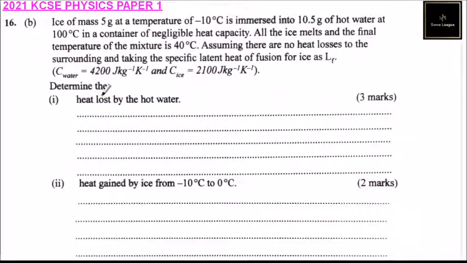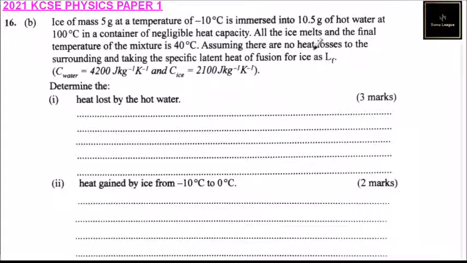Question number 16b. Ice of mass 5 grams at a temperature of minus 10 degrees centigrade is immersed into 10.5 grams of hot water at 100 degrees centigrade in a container of negligible heat capacity. All the ice melts and the final temperature of the mixture is 40 degrees centigrade.